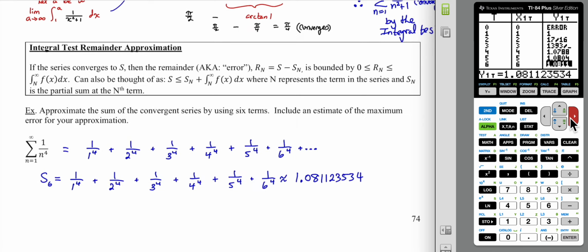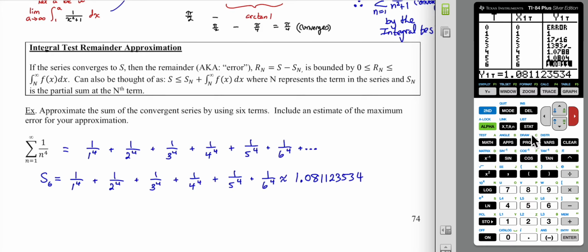All right, so what we're going to do now is find the integral going the rest of the way. All right. So the integral of what? Well, we're going to kind of steal a little bit of our thought process from the integral test, and that is continuous function, decreasing, positive.